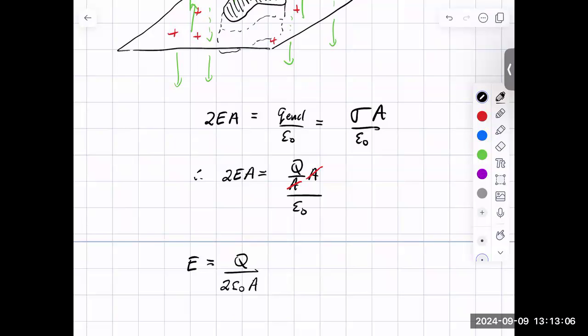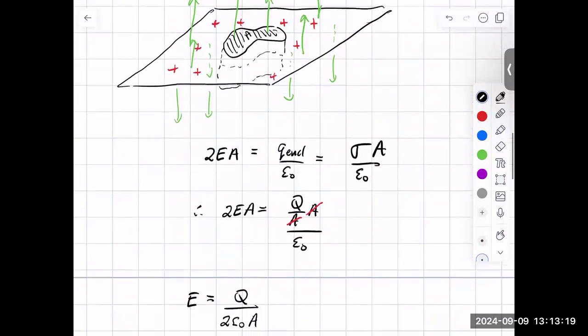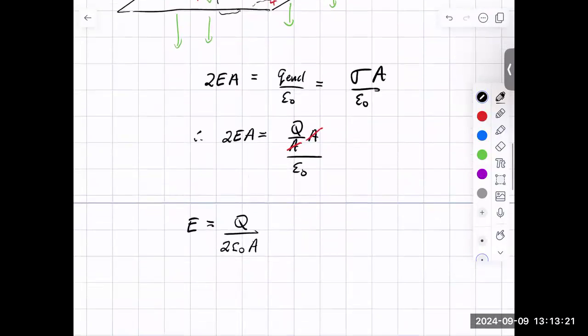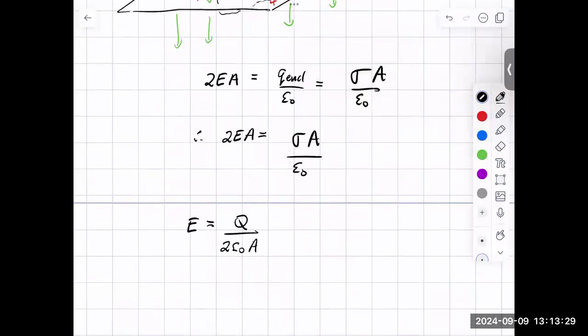Sorry, there's something wrong here. Q enclosed is sigma A. I'm just going to leave this as sigma A for now, and what we'll do is cancel the A's here.